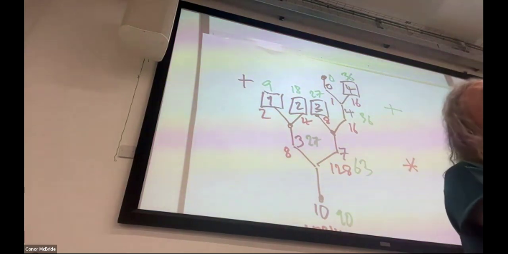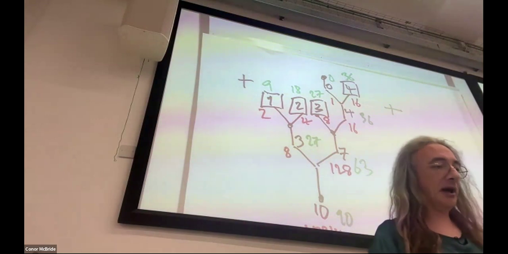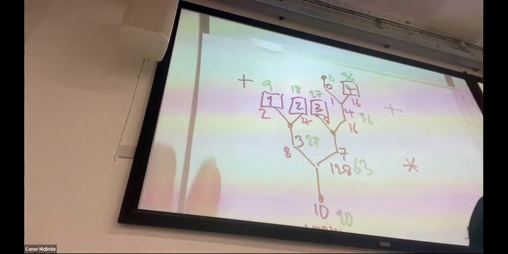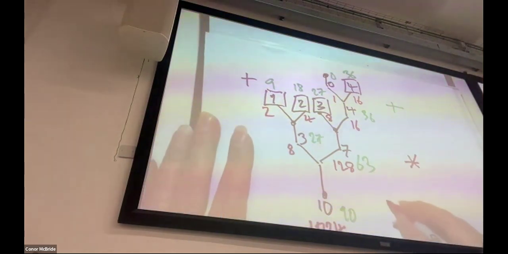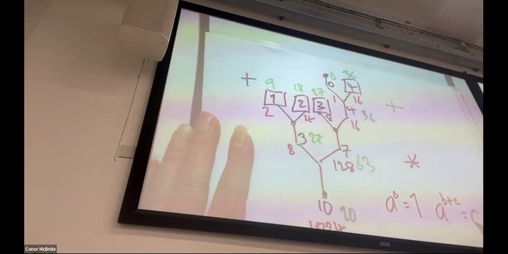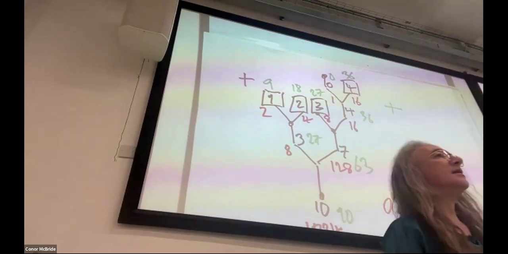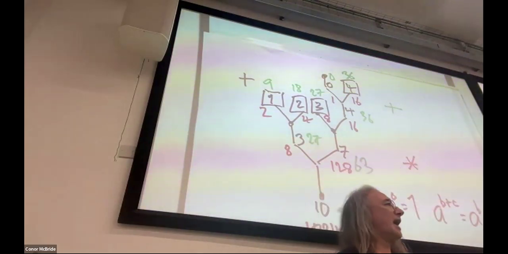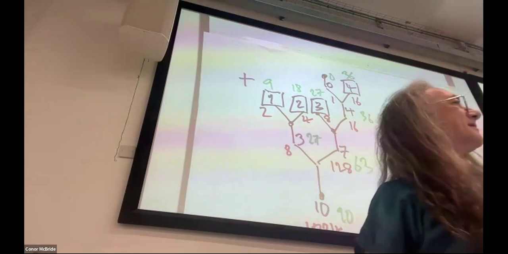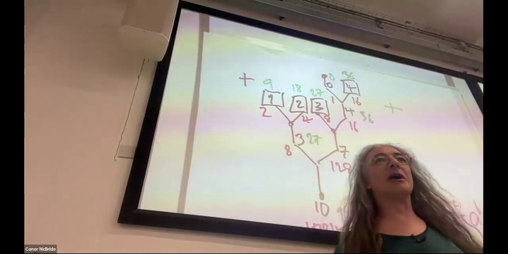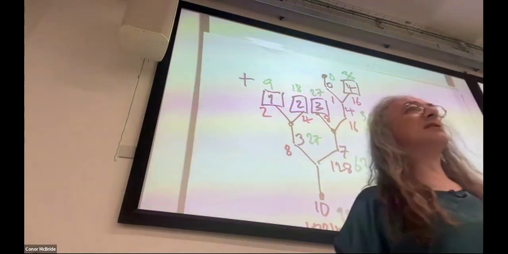We turn facts about adding into facts about multiplying. So you may have been taught at school that a to the 0 is 1 and a to the b plus c is a to the b times a to the c. And these two separate facts are just one fact, that exponentiation is a monoid map from adding to multiplication.